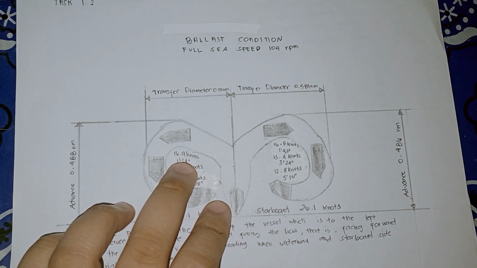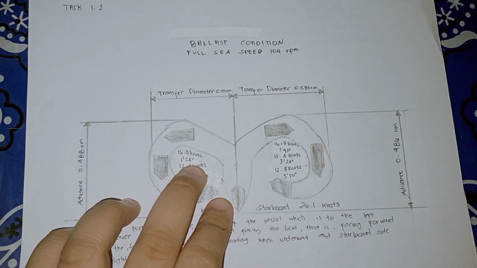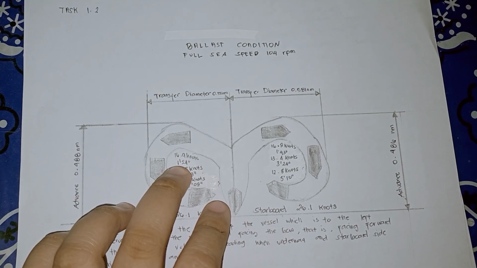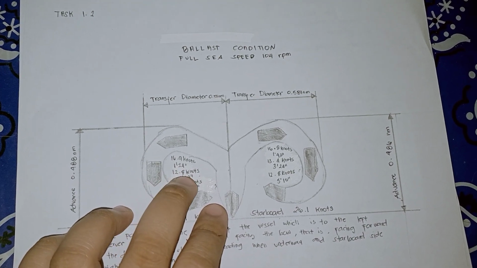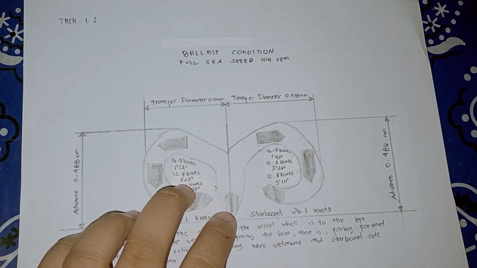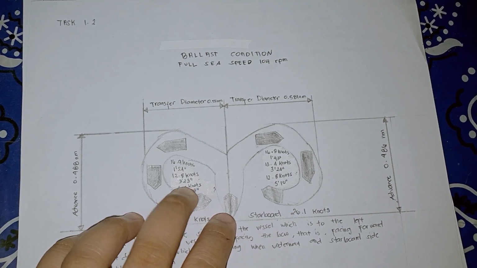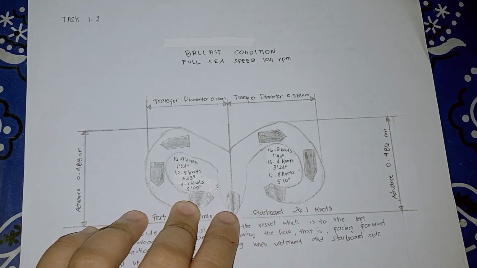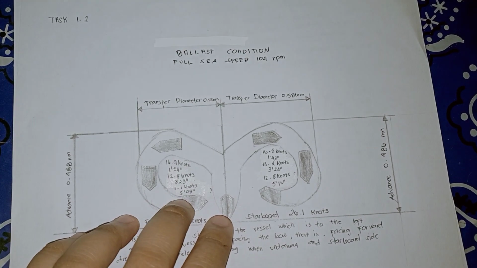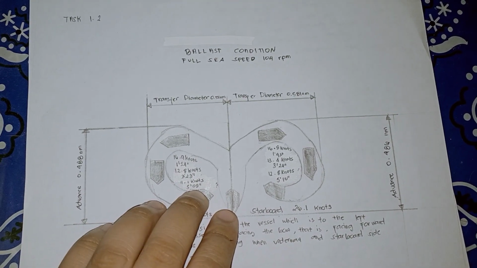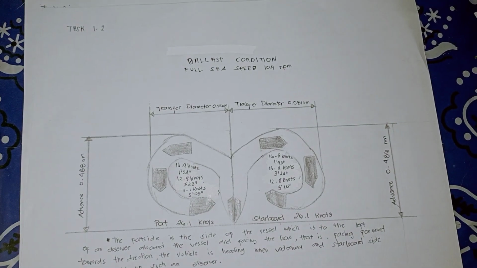We have 16.9 knots, 1 minute 24 seconds, 12.8 knots, 3 minutes and 23 seconds, and 11.1 knots and 5 minutes 08 seconds.